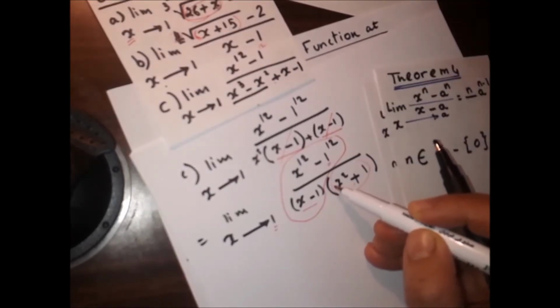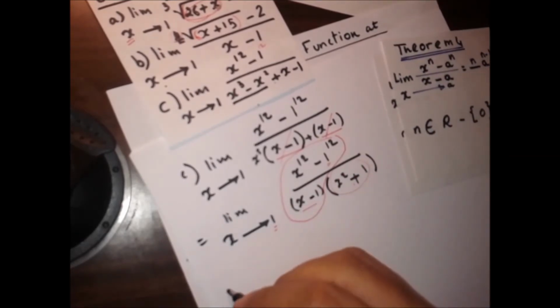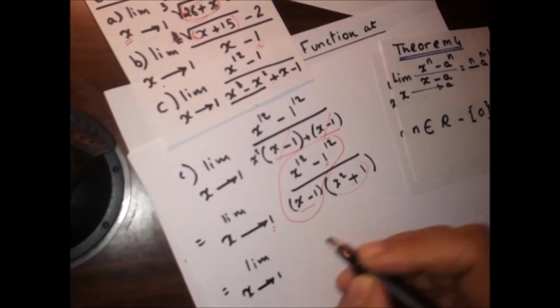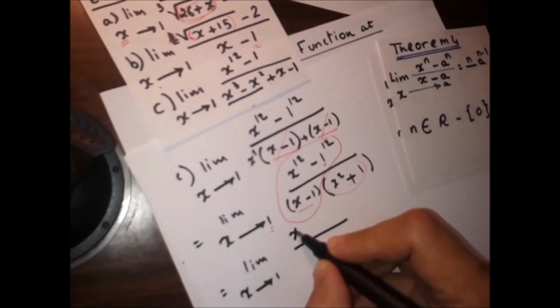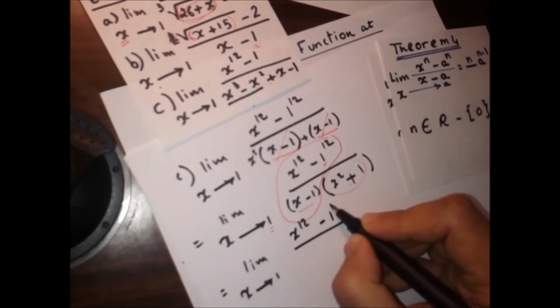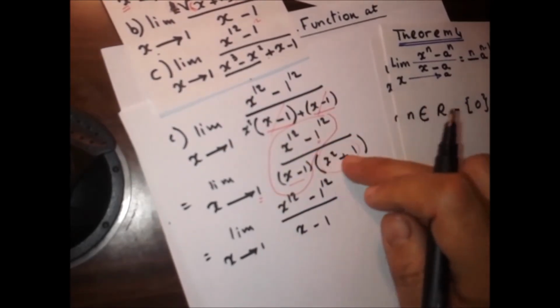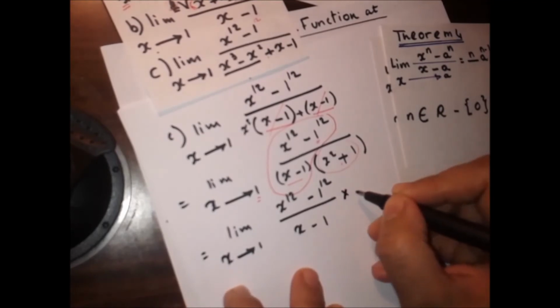So what we're going to do is to separate this part. So this is equal to limit as x tends to 1. The first part is this: x to the power 12 minus 1 to the power 12 over x minus 1. The second part is this. We will separate it by multiplication, of course.